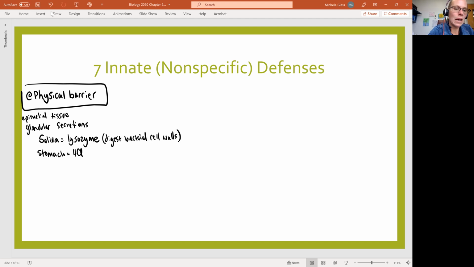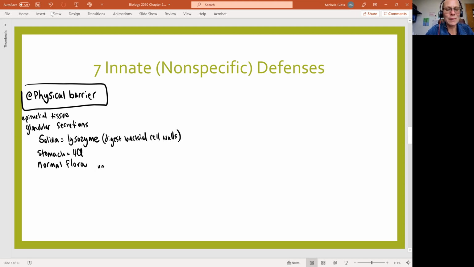We also have some organisms that are present on and in our body. We can talk about these as our flora or our fauna. Flora is usually talking about plant material. Fauna is usually talking about animal material.